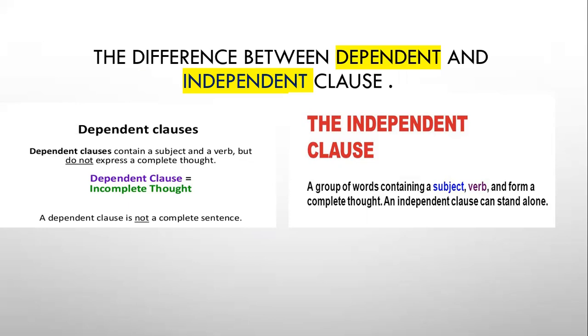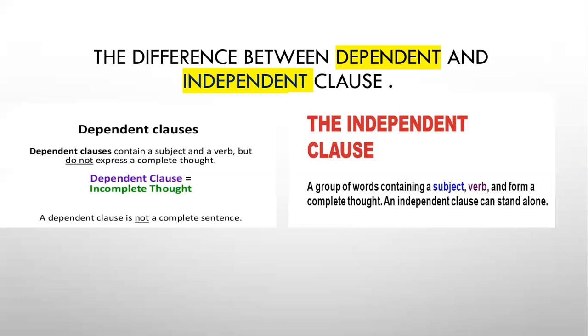But the independent clause is a group of words containing a subject and verb, and they give a complete thought and they can stand alone. يعني dependent clause هو شق غير رئيسي يحتاج إلى شق ثاني اللي هو independent clause حتى يكمل معناه. dependent clause مش ممكن أكتفي في هذا الشق وحيداً.